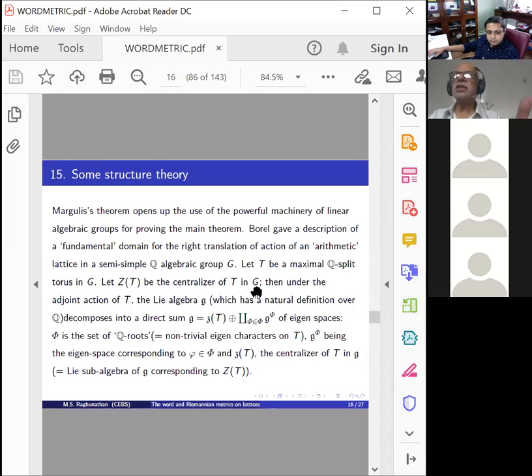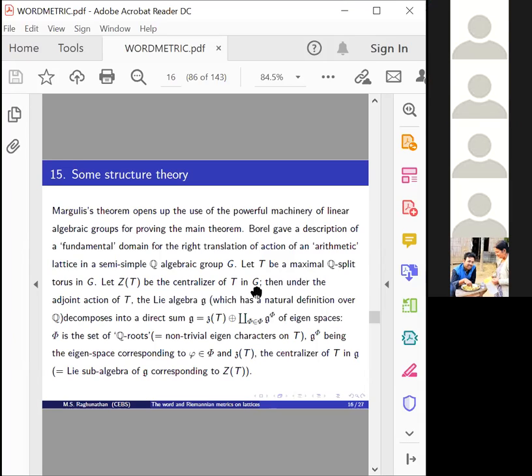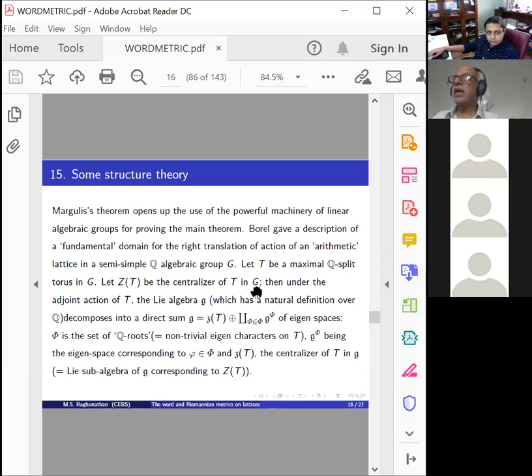The condition is that G should have no characters defined over Q. That is, no homomorphisms into the diagonal group given by a polynomial defined over Q, the restriction of a polynomial on M_n(R) to G, with all its coefficients in Q. So if the group does not have any characters defined over Q, then one knows that G_R/G_Z has finite measure. That's a theorem of Borel and Harish-Chandra.